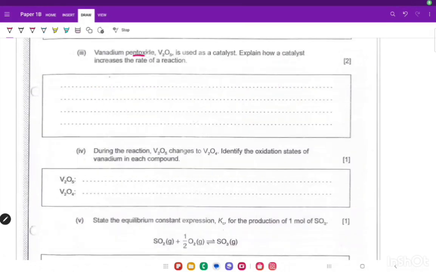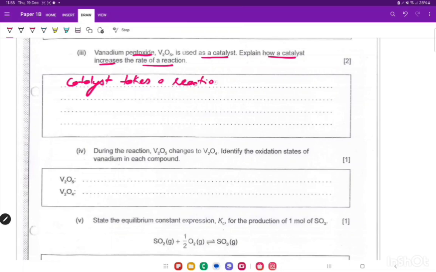Now, next is vanadium pentoxide acts as a catalyst. Explain how a catalyst increases the rate of reaction. A positive catalyst takes a reaction to an alternate path having lower activation energy, lower EA.